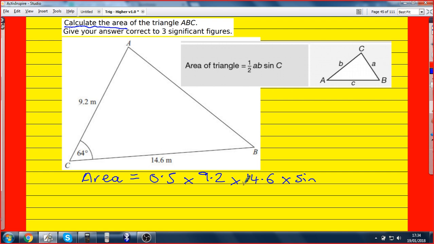Nope. It has to be the sine of an angle. Sine, cos, or tan of an angle. The angle they got is 64. Yeah, it's sine 64, because 64 is between the two sides that we used. So 9.2 is there, 14.6 is there, and so it's the sine of the angle between them.